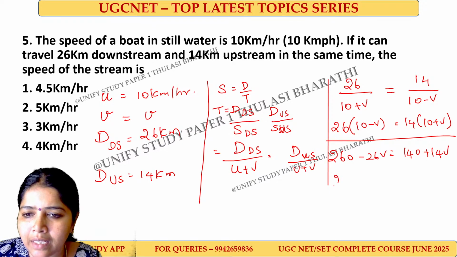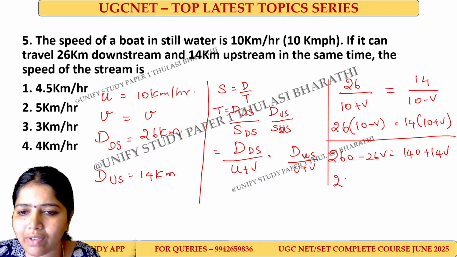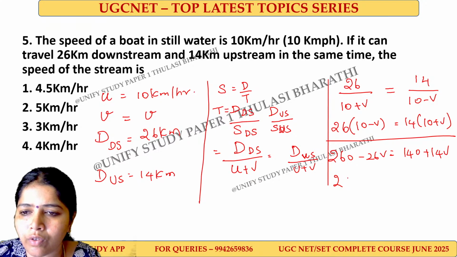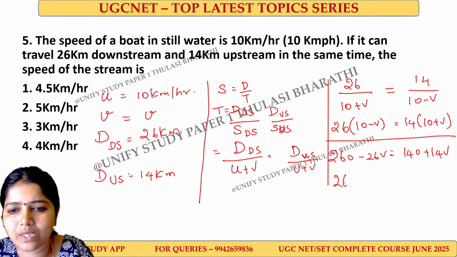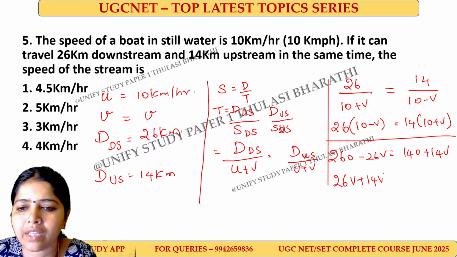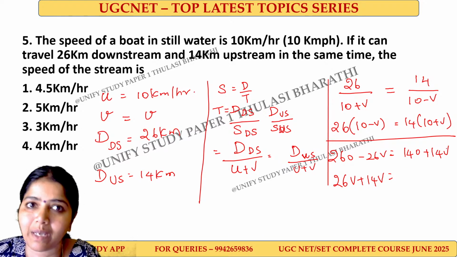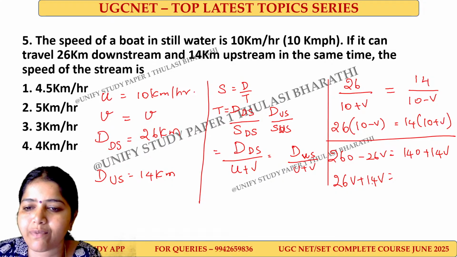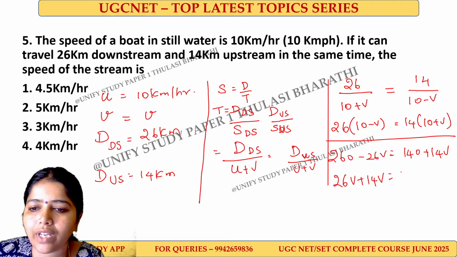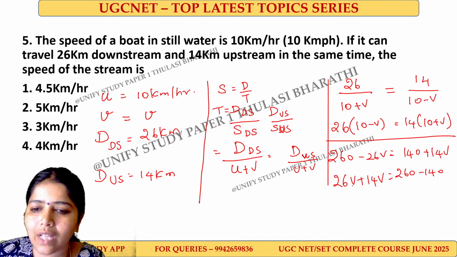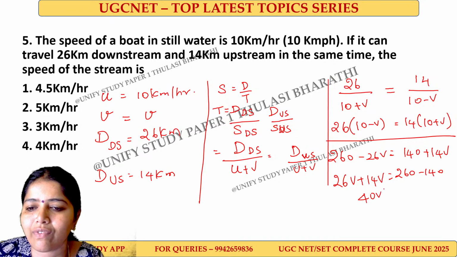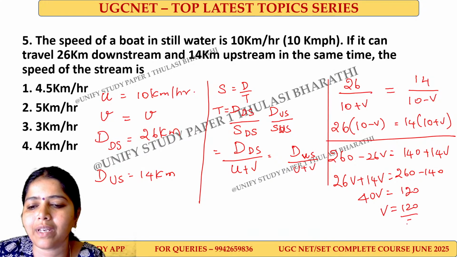We can rearrange it: 26v plus 14v, because when it goes to this side the minus becomes plus, and 260 minus 140. So here it comes 40v, and here 120. So v is equal to 120 divided by 40, which is 3.